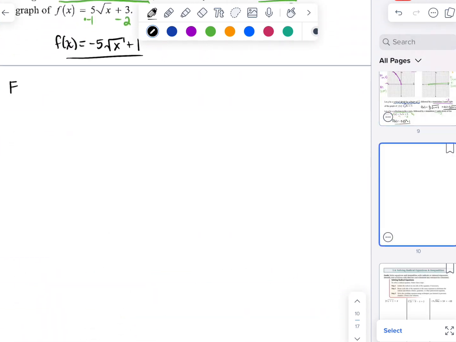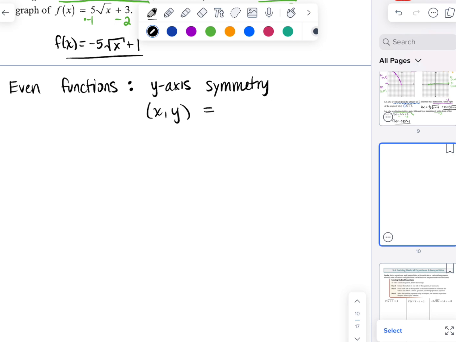So even functions have y-axis symmetry. That means for every point x comma y, there is an equivalent point at x comma -y. I'm sorry, I flipped that around. My apologies, because I was thinking about the y-axis symmetry.